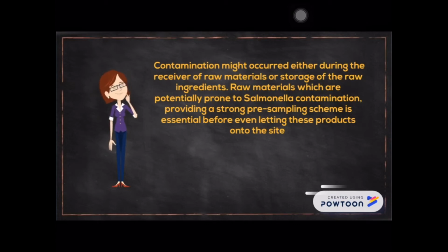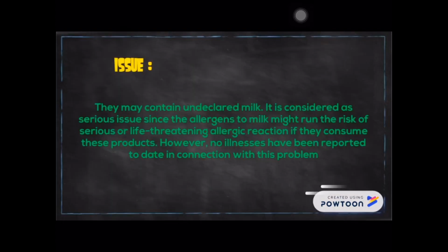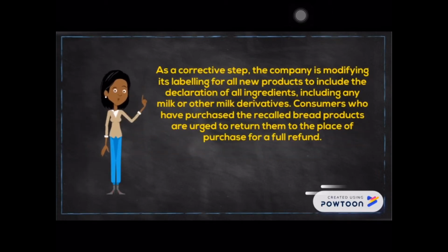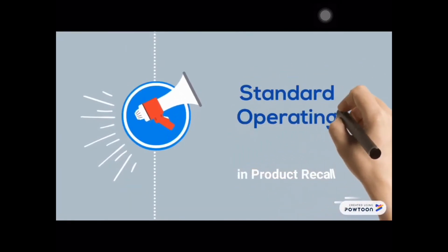Pre-sampling scheme is essential before even letting these products onto the site. Grape product, Celera and Bolero grape. As a corrective step, the company is modifying its labeling for all new products to include the declaration of all allergens. The operating procedure if the product is in recall.